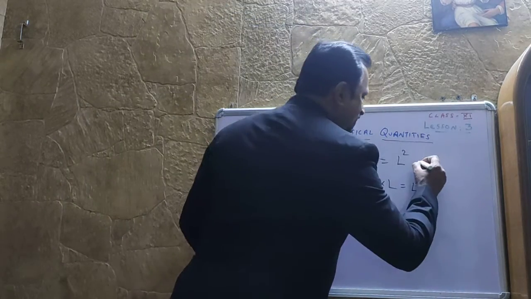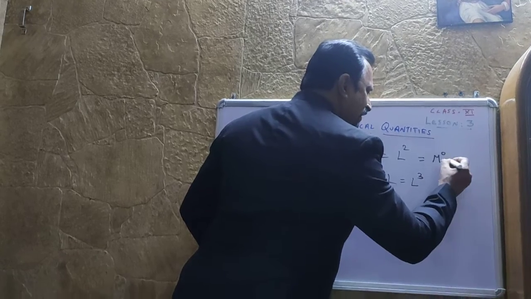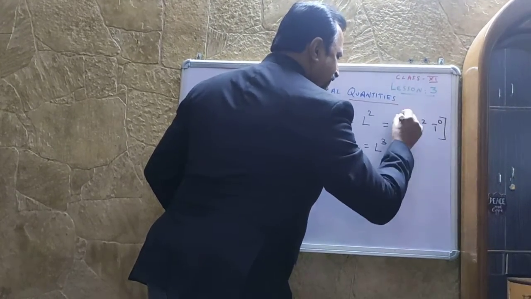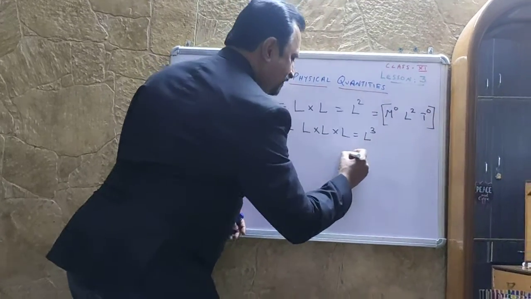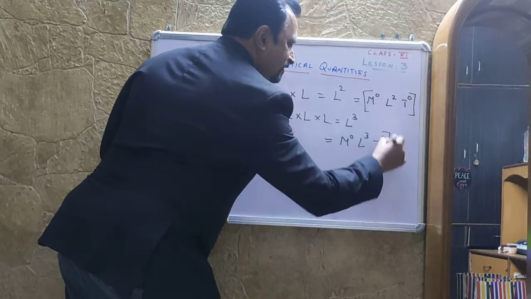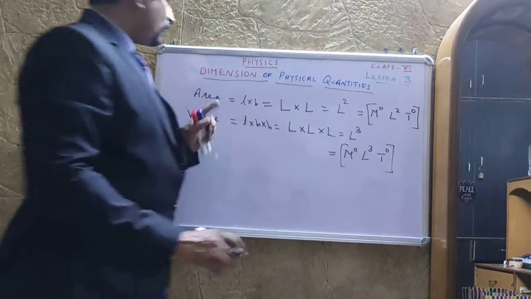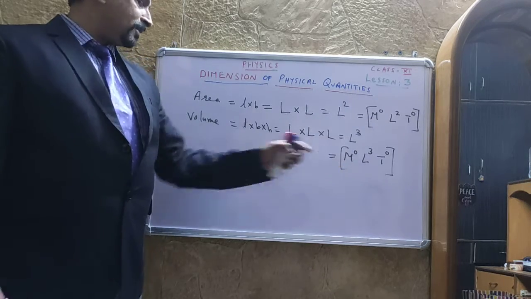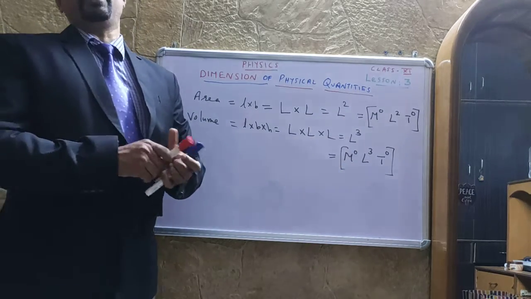So you can write area as mass 0, length square, T0. And volume as mass 0, length 3 and time 0. Actually this is called the dimensional formula for area and this is called the dimensional formula for volume.